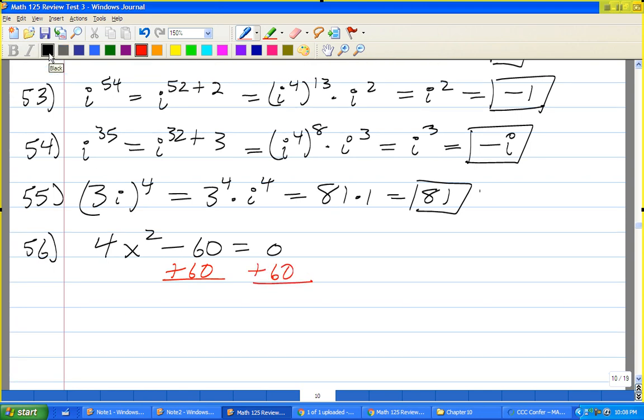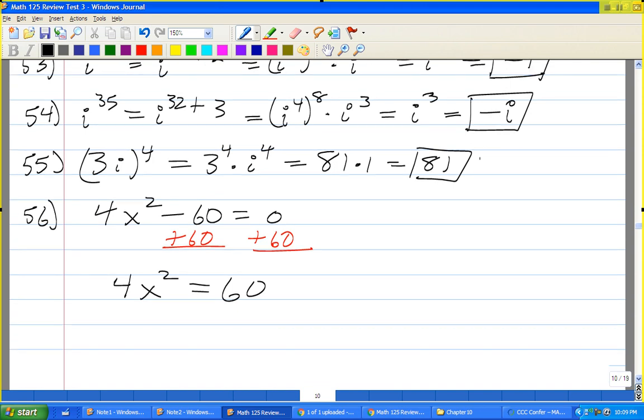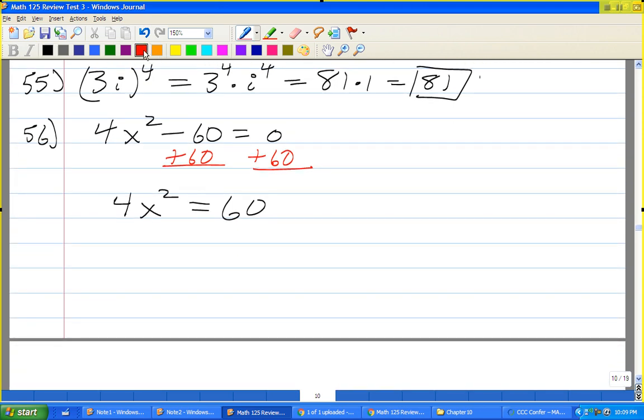So I get that 4x squared equals 60. Let me divide both sides of my equation by 4. So I get that x squared is equal to 15. And so that says that x is equal to plus or minus the square root of 15.